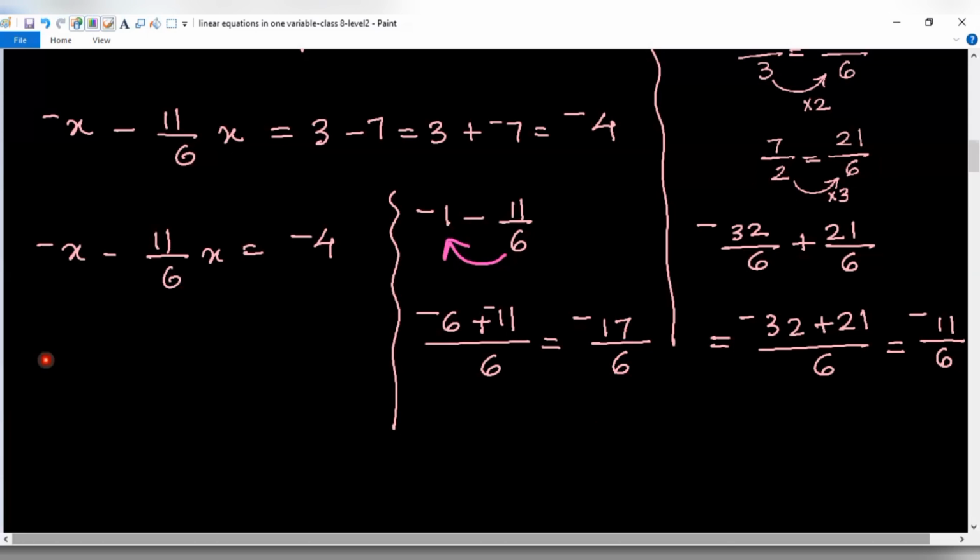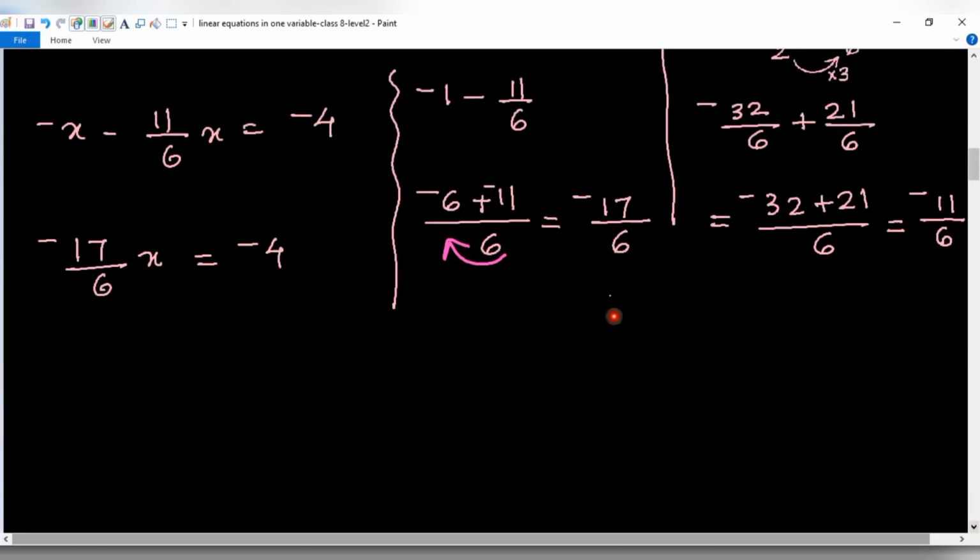So what we have here is minus 17 by 6x is equal to minus 4. See, on both sides we have a negative sign, right? We can simply cancel that negative sign on both sides. So what we have is 17x by 6 is equal to 4. In the next step, let us take this 6 to the right side.